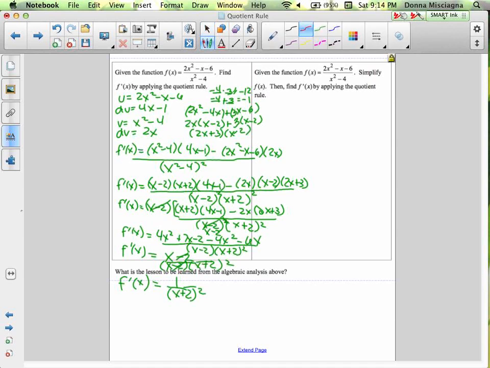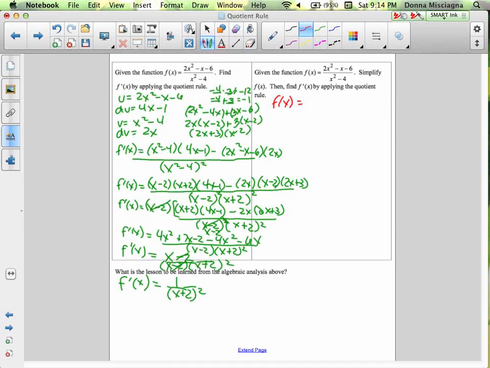Let's see what happens if we simplify and then apply the quotient rule. Actually, excuse me, before we do that, simplify. So f of x is equal to, we already know what 2x squared minus x minus 6 factors to, right?